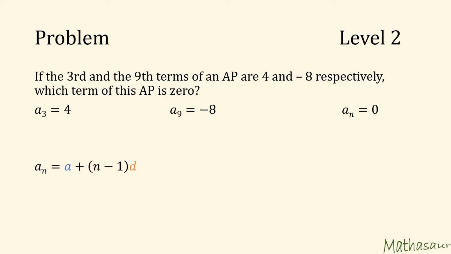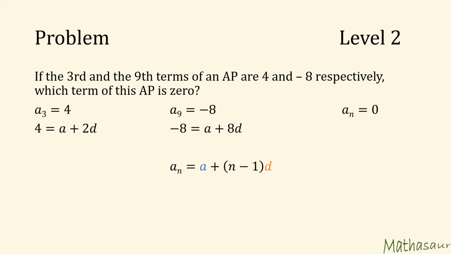Now we know that an equals a plus n minus 1 times d. Let us apply this formula to a3. So we get 4 equals a plus 2d. Similarly, let us apply this formula for the term a9. We get minus 8 equals a plus 8d. Applying the formula for an equals 0, we see that to find n, we would need to find a and d.